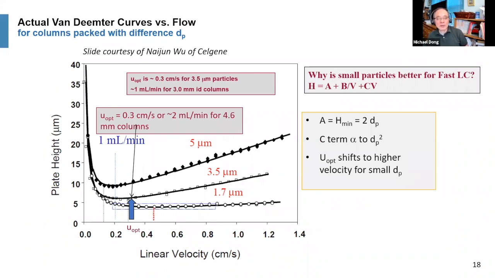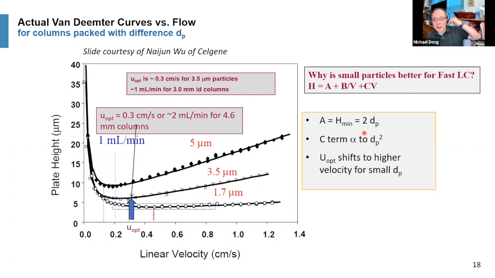So this Van Deemter curve came from Najin Wu of Cell Gene. You can see that with 5 micron packing materials, the minimum plate height is about 10 micron, right? So typically the A term, which represents the minimum plate height, is about 2 times the particle size. So right away you know how to calculate N, right?